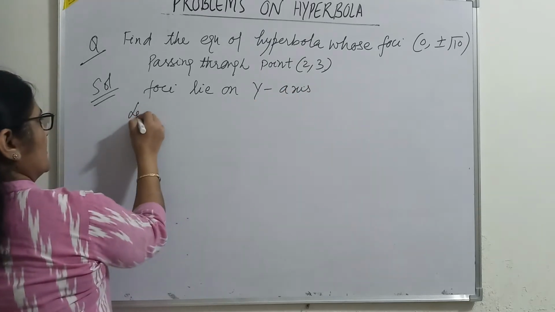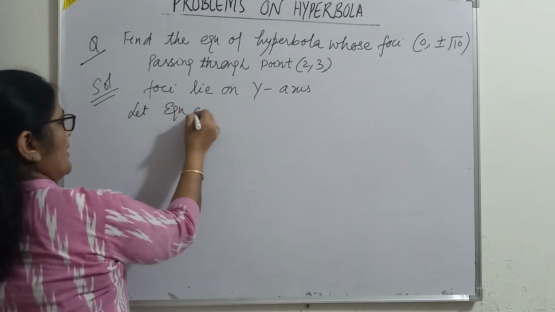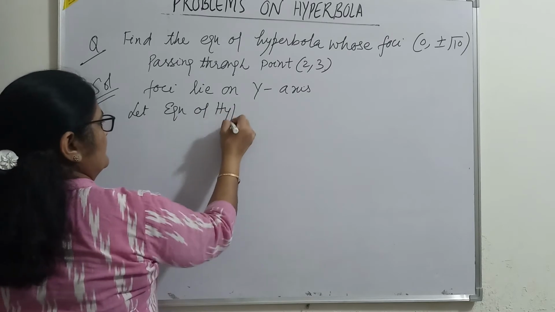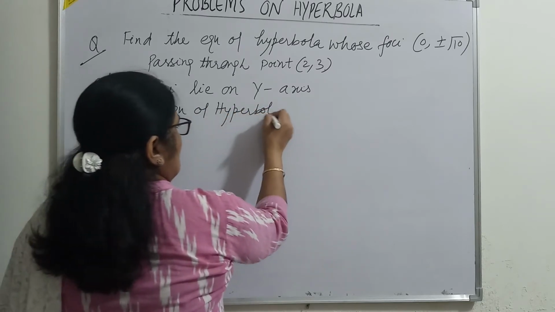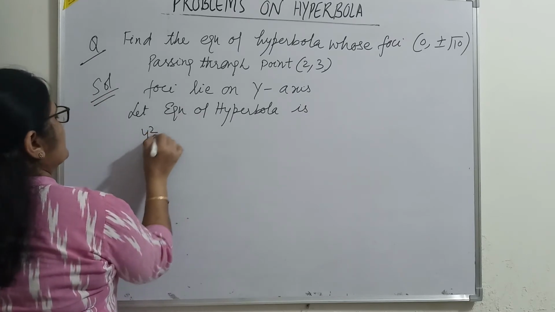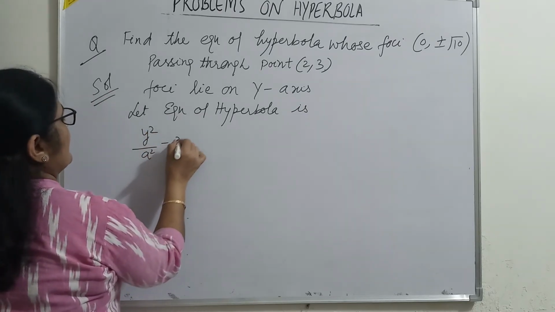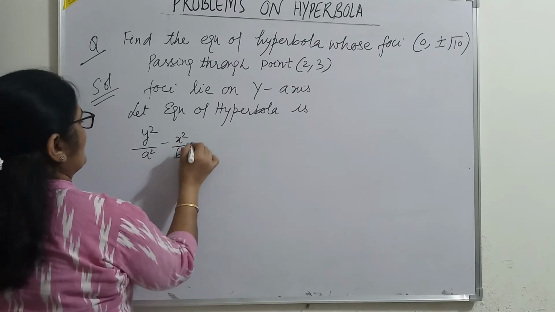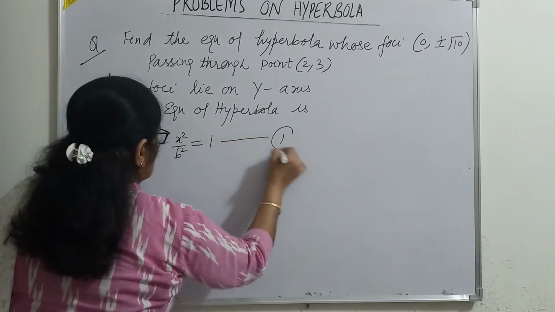So let the equation of the hyperbola be y²/a² − x²/b² = 1, suppose.